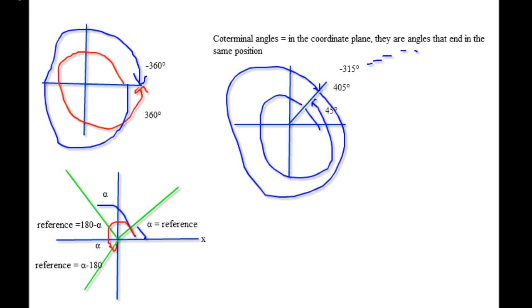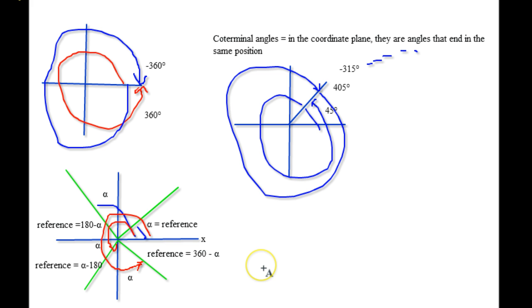And if you go all the way around to the fourth quadrant, this works for going in this direction only. Let's say that this was alpha, your angle. Then the reference angle, which is the angle made with the x-axis, is going to be 360 minus alpha. So that one's pretty simple.